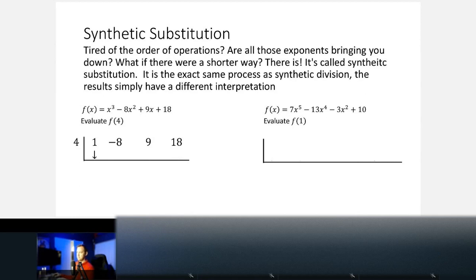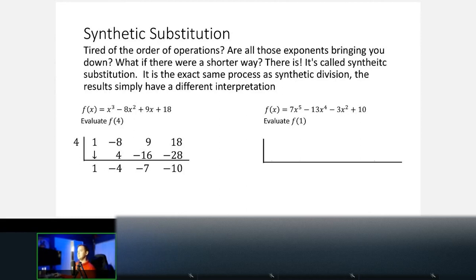So we're going to drop the first one. Then 4 times 1 is 4. -8 plus 4 is -4. Times 4 is -16. Plus 9 is -7. Times 4 is -28. And then 18 minus 28 is -10.